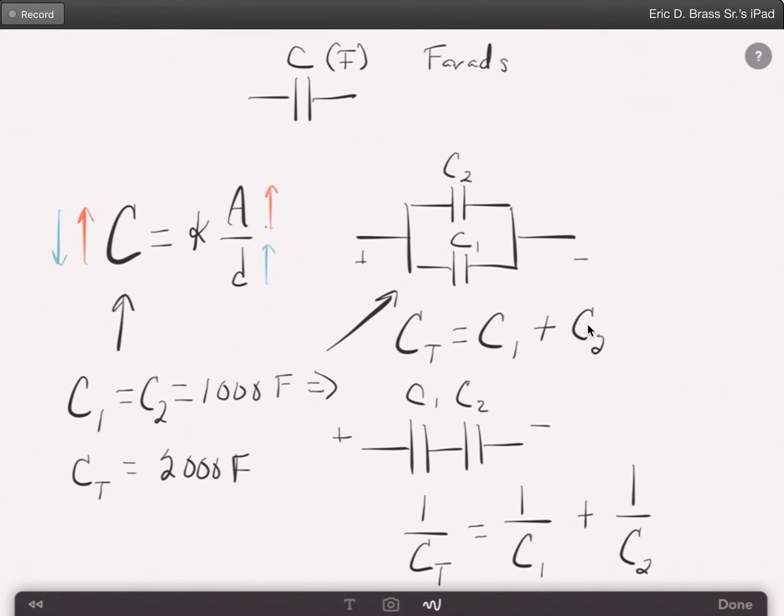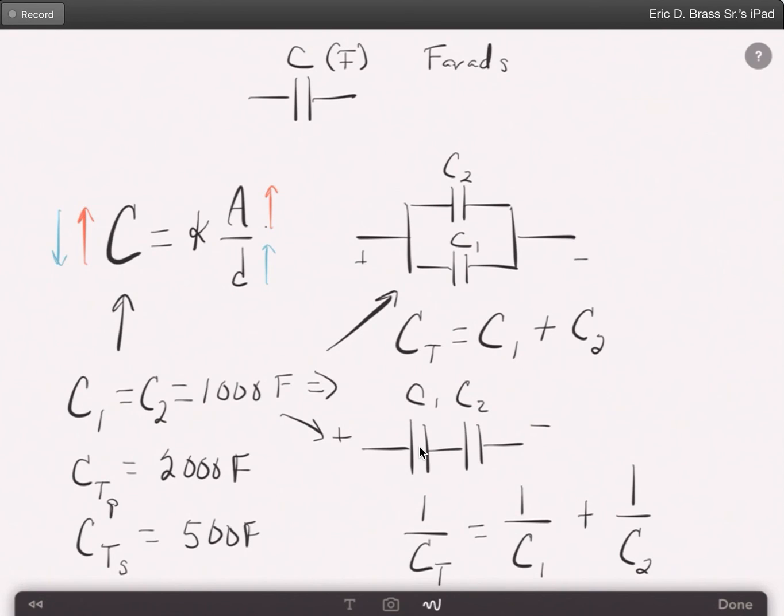If C1 is equal to C2 is equal to 1,000 and you have capacitors in series, you can do this calculation, and CT, I'm going to put an S down here and a P right here to differentiate between series and parallel, is going to be 500 farads. So it basically cuts it in half. Why is this important?